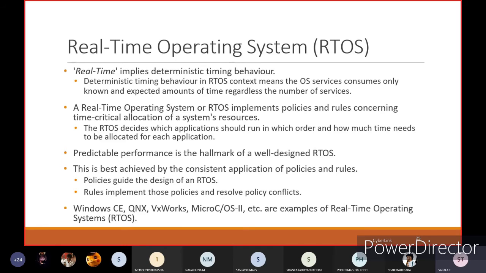Rules implement these policies and resolve the policy conflicts. If any conflicts are there, they can be solved by using the rules. Next, Windows CE, QNX, VxWorks, and Micro C/OS-II, etc. are examples of real-time operating systems.